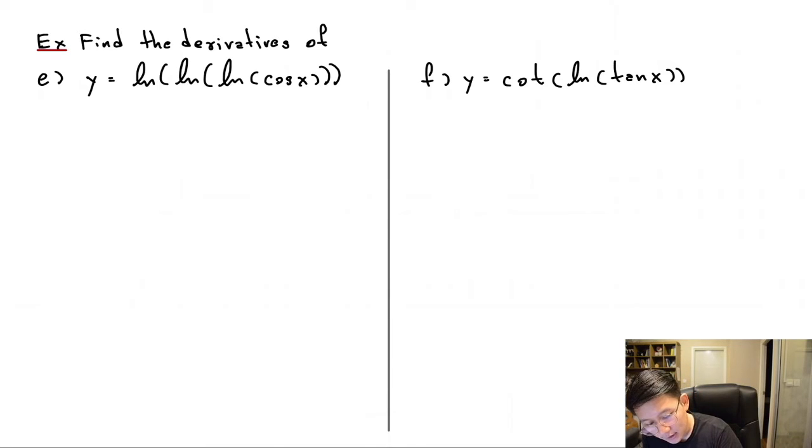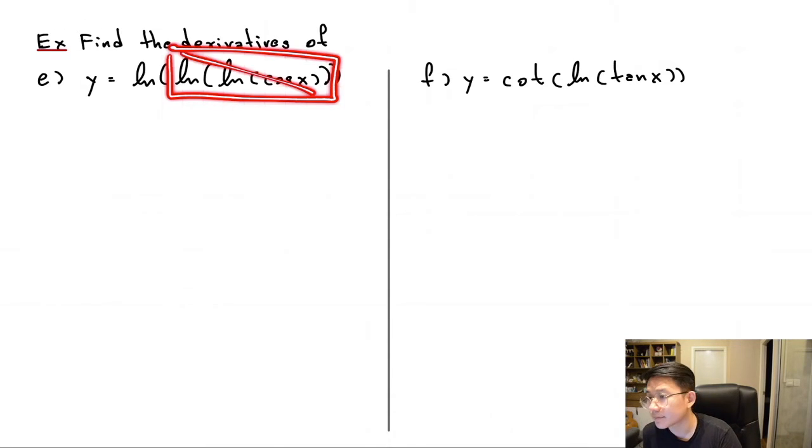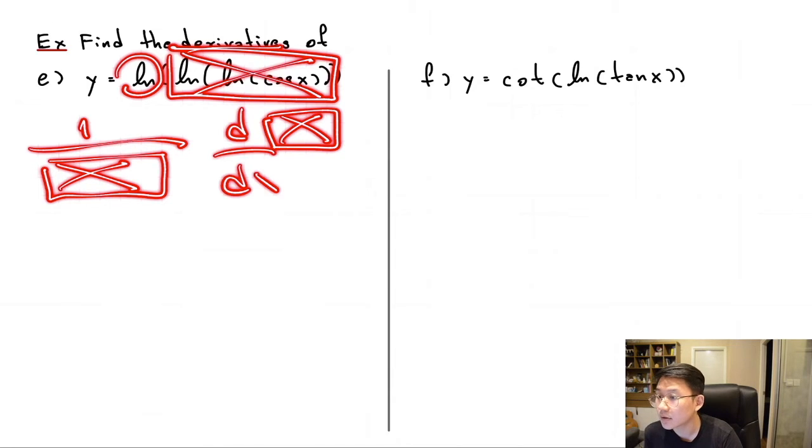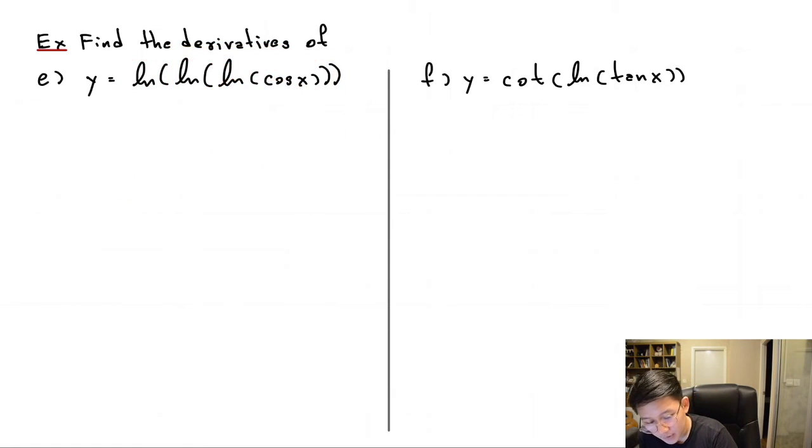First guy, I look at this as the big X. So the derivative of log x is 1 over log x d big X by dx. Right? So here, what I have, dy by dx is 1 over this guy.